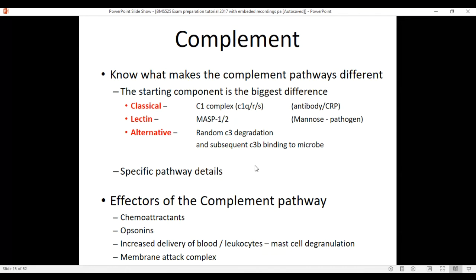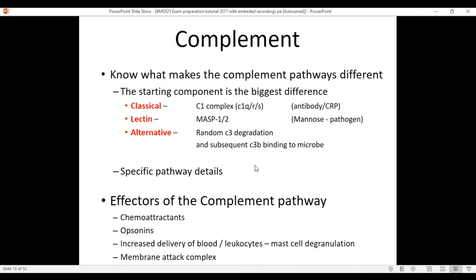So it enables neutrophils, for instance, to move from an area of low chemotaxin concentration to an area where there's high levels of chemotaxin chemicals present. And the area where you'll have high levels of chemotaxis compounds present is in the infected tissue. Okay, so that's one of the first drivers for the complement pathway, and you need to be able to discuss that.